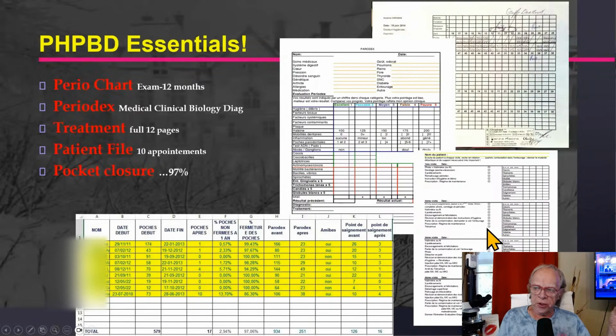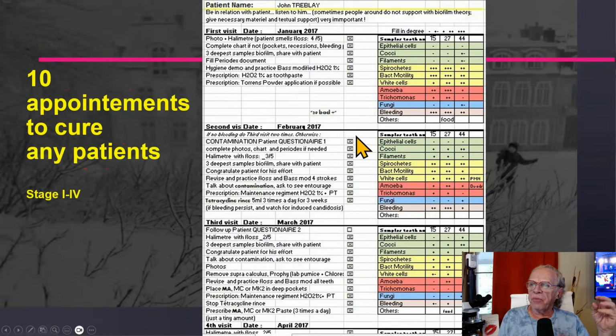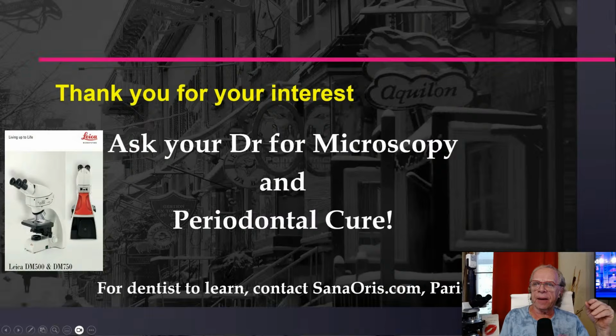On the 2 pages, you have full treatment. And what we recommend to all dentists, hygienists, and periodontists is to have each patient complete treatment. See, so we want this filled with no more parasite, no more bacteria.